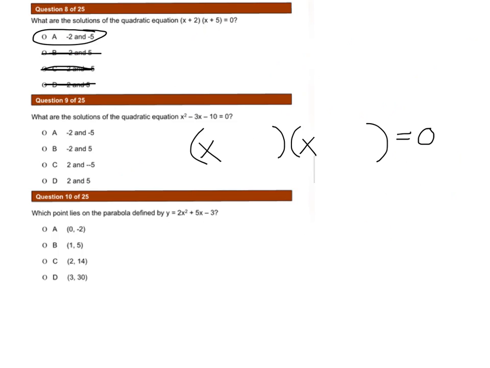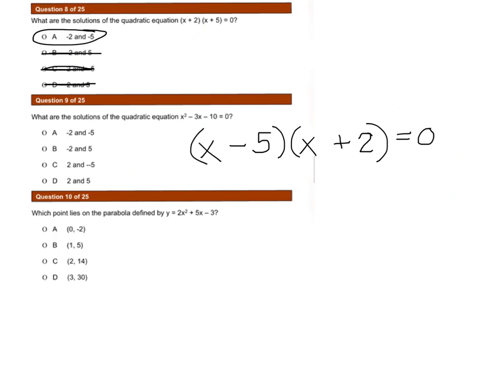Can we think of two numbers that multiply to negative 10 but also add up to negative 3? And off the top of my head, I know that negative 5 times positive 2 is negative 10, and negative 5 plus 2 adds up to negative 3. So again, they have to add up to the middle term and multiply to the last term.